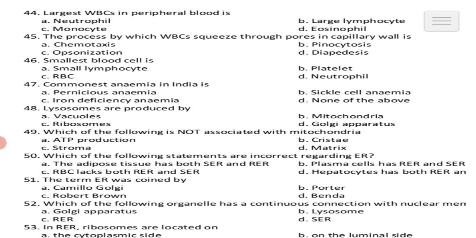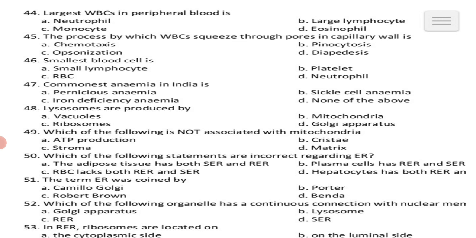The stroma contains enzymes that work with ATP and NADPH to fix carbon from CO2 into molecules like glucose. So option C is not associated with a mitochondria. This is associated with photosynthesis and the chloroplast.